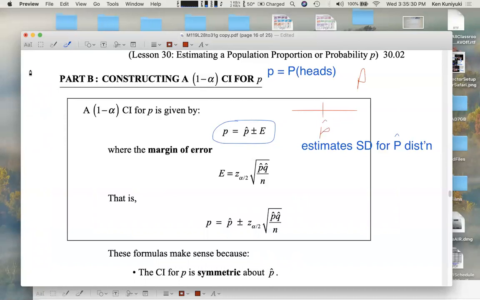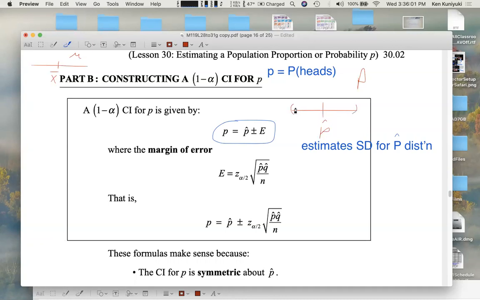Just as when we had a confidence interval for mu, the confidence interval was always centered at x bar, the sample mean. So once again, for p, a population proportion or probability, the center of any confidence interval will be at p hat, the point estimate, the sample proportion or probability of success. So that part makes sense.